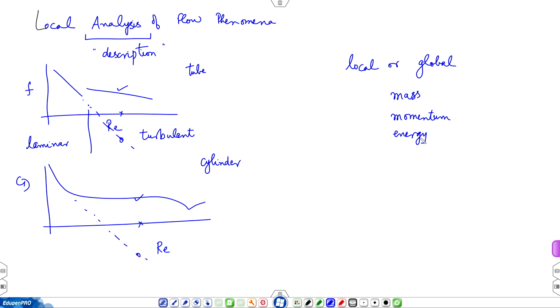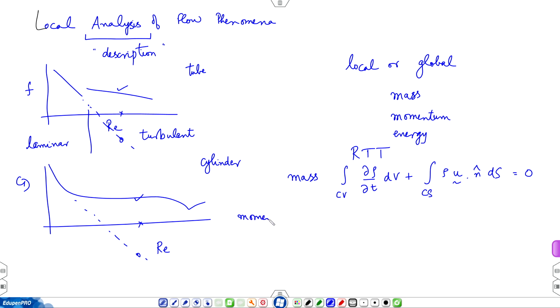If you remember our earlier discussions, these physical laws were embedded in a mathematical identity called RTT. So for mass balance, we got this equation. For momentum, momentum is a vector equation.